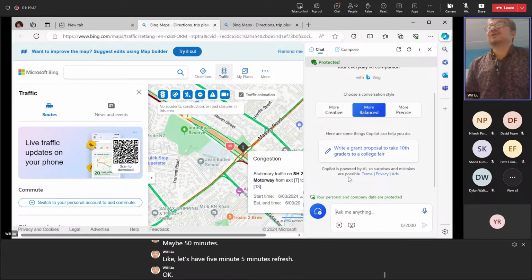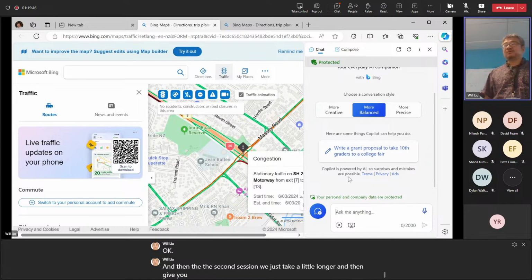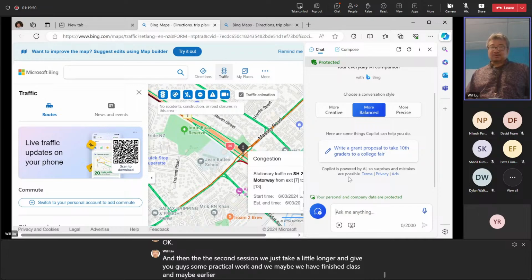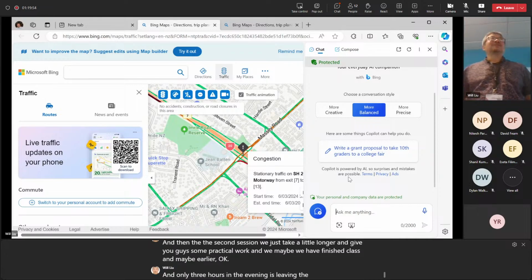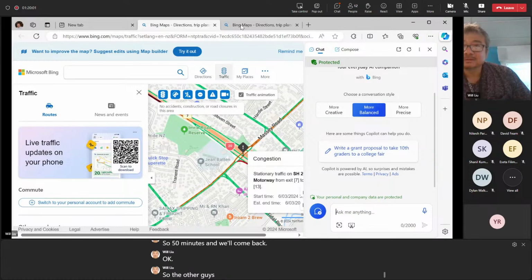In the second session, I will give you some practical work, and maybe we finish class a little bit earlier as well. I know 3 hours in the evening is a little bit challenging. So 50 minutes, we come back. For the online guys, you can take a rest as well.